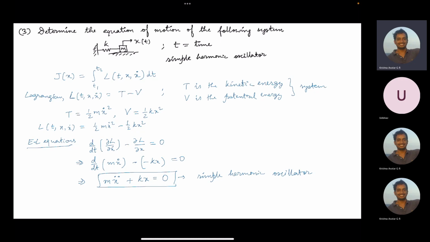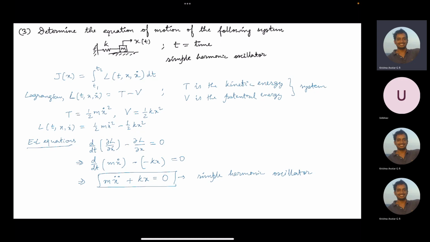Following a similar procedure as in the previous problem, we construct a functional, and it minimizes something we call the action. But let's skip that part.